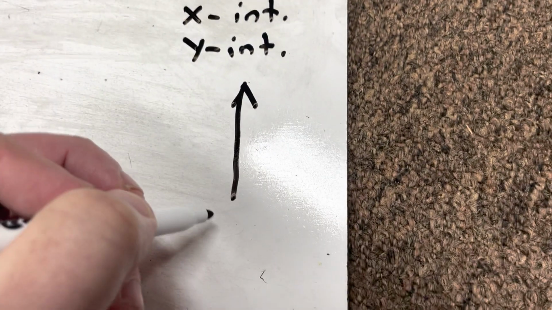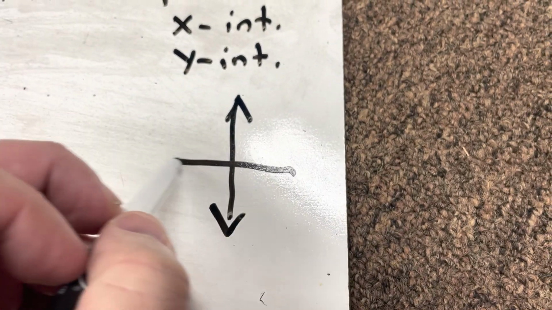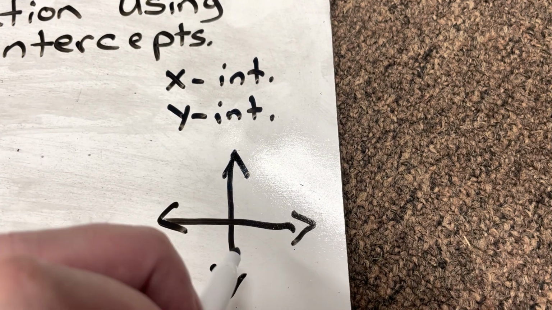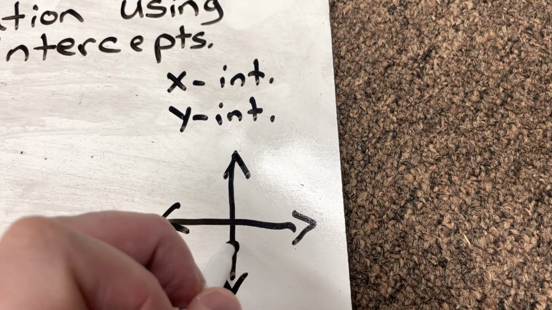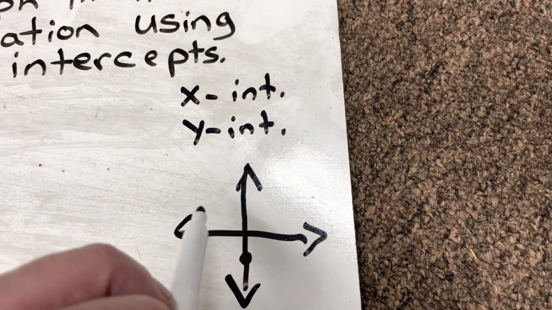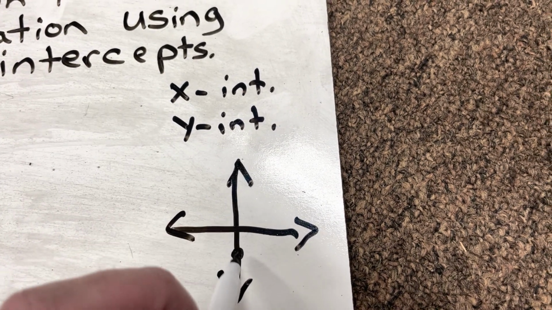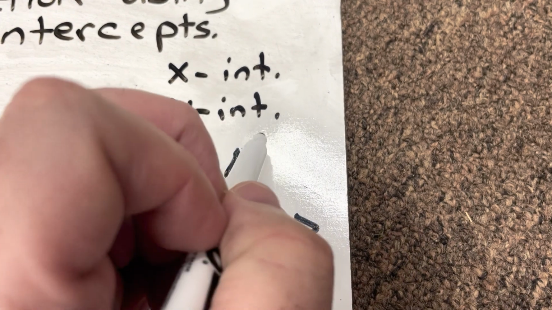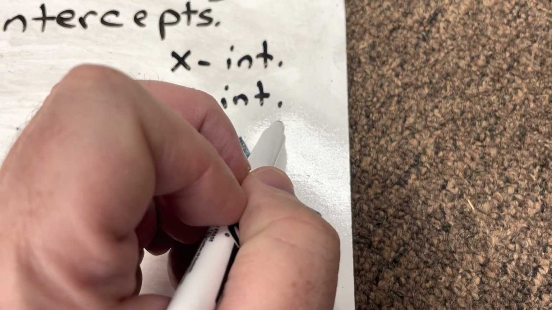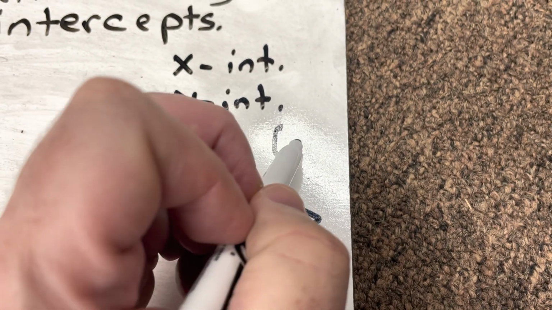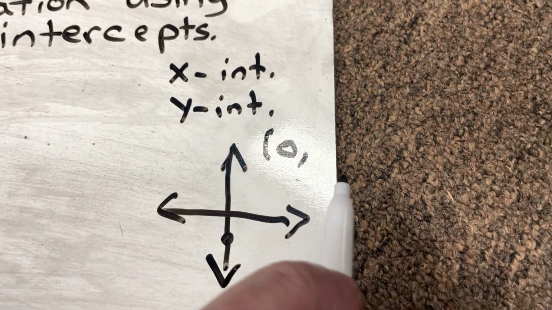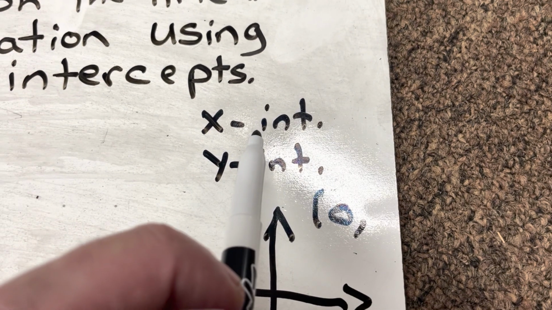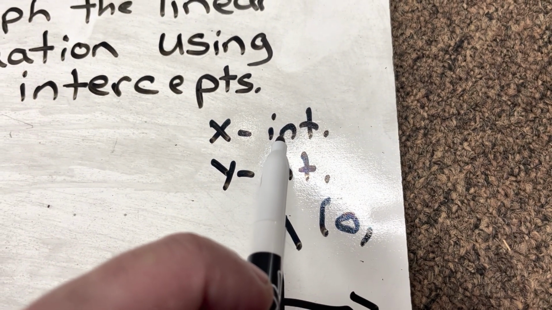Now we talk about the y-intercept. If we envision a coordinate plane here, nothing fancy, the y-intercept is where the line crosses the y-axis, for example, right there. We know that the y-intercept is right on the y-axis. Thus, for the y-intercept, x is always 0. That first number is always going to be 0. In a previous lesson, we were talking about the x-intercept.